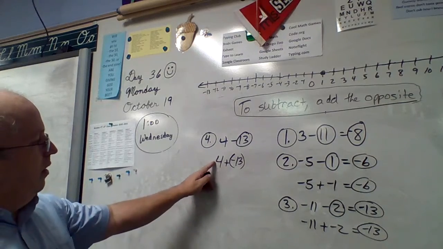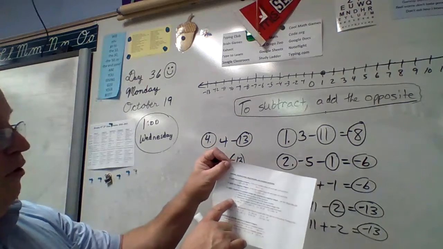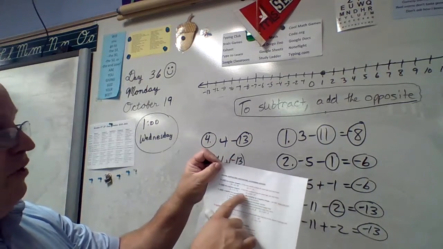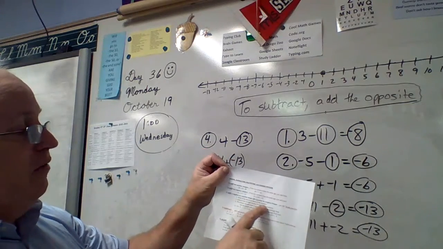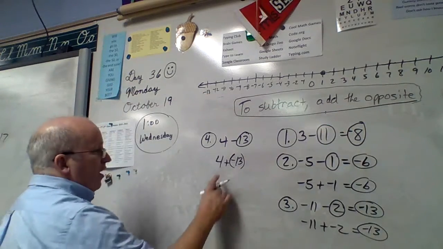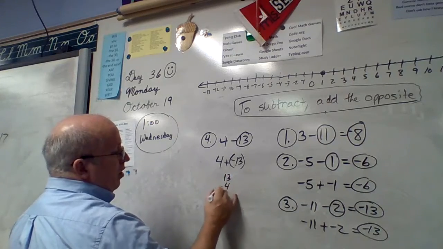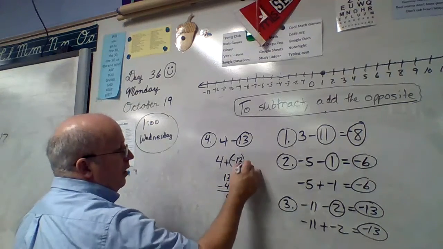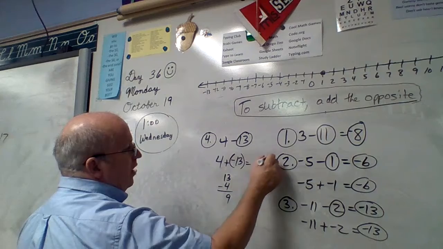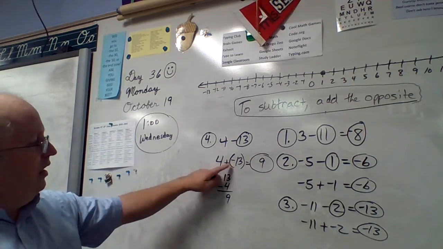Well, I'm adding a positive to a negative. So isn't that the third adding rule, the 3-step rule for adding a positive to a negative? Yeah, it is. And the third rule says, take their absolute values, subtract them, and I get a 9. Now the big question is, is it going to be positive or negative 9?